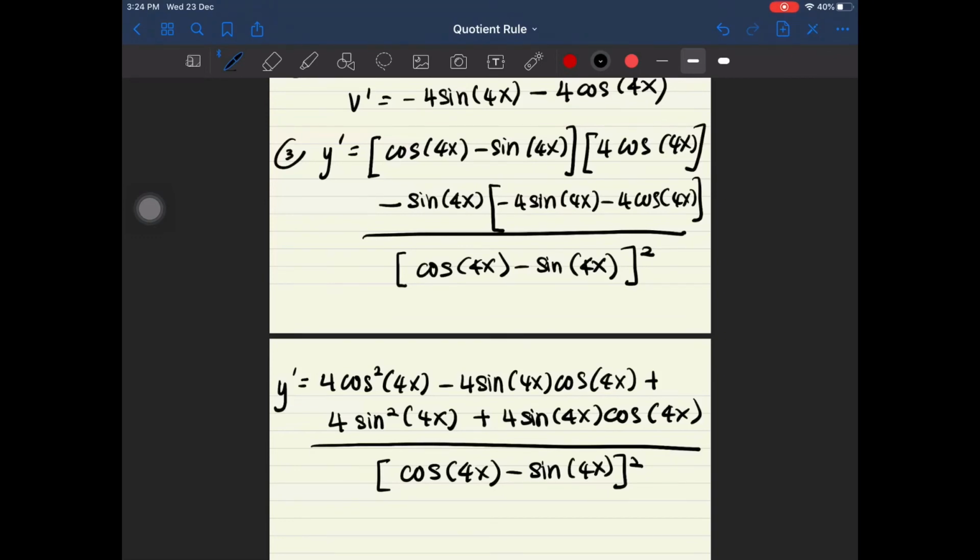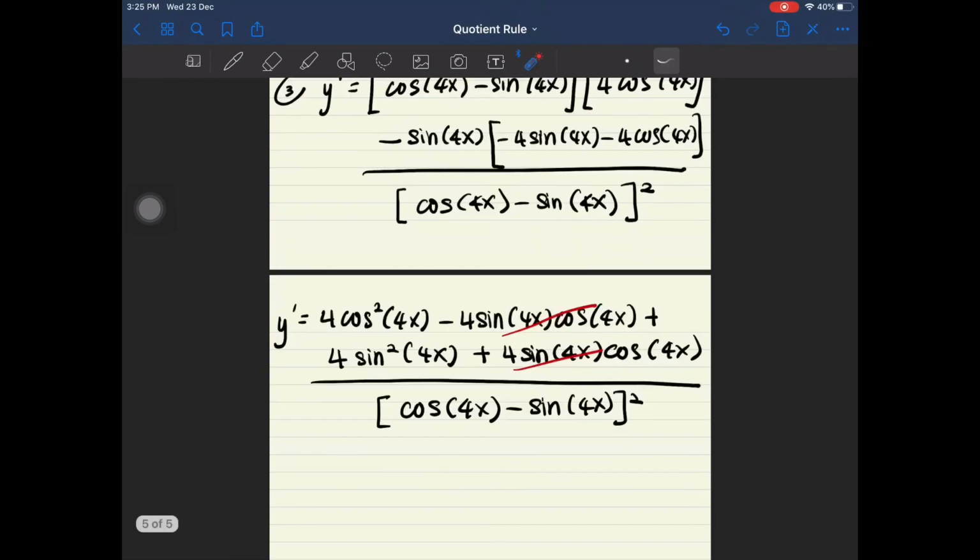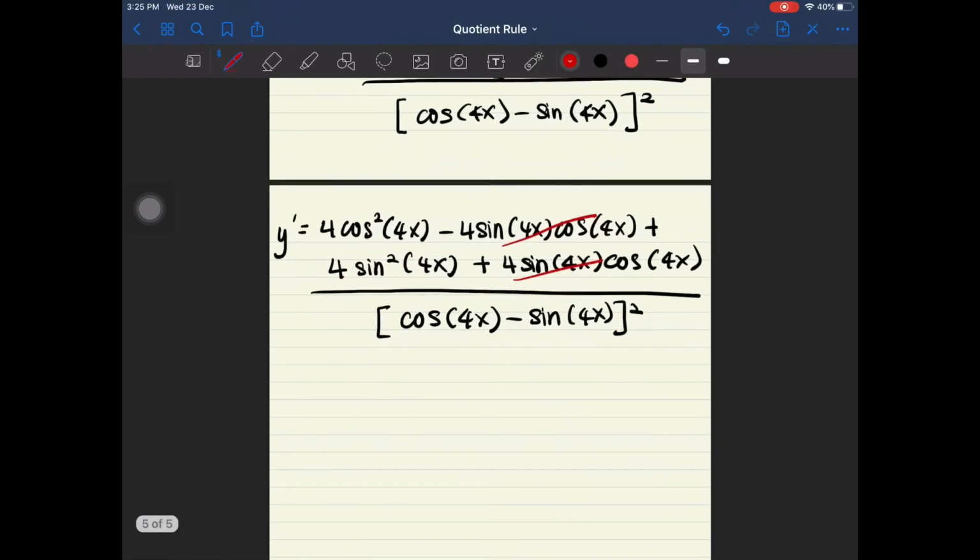Simplify what you can simplify. Here you have negative 4 sine 4x cos 4x and this one here plus 4 sine 4x cos 4x, so you can cancel them out. As you can see, you have cos squared and sine squared, and the coefficient of cos squared and the coefficient of sine squared is 4, so you can factorize this.